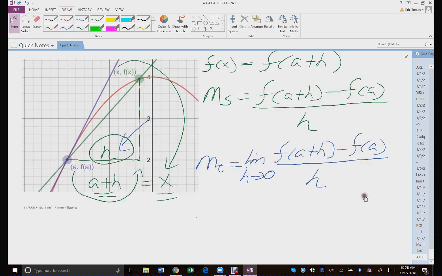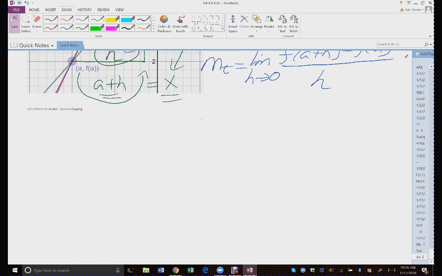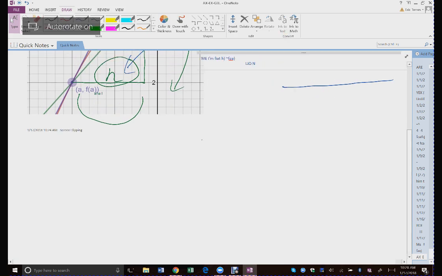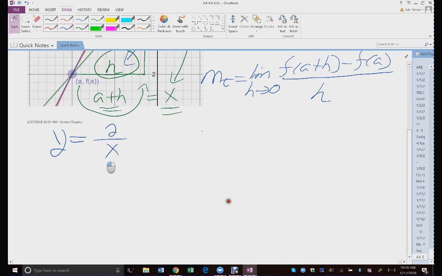Now let's apply this to a problem. Let's say I'm looking at an equation of a function. So I'm looking at the equation of a function y equals 2 over x.